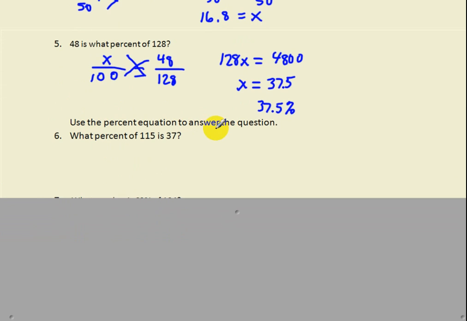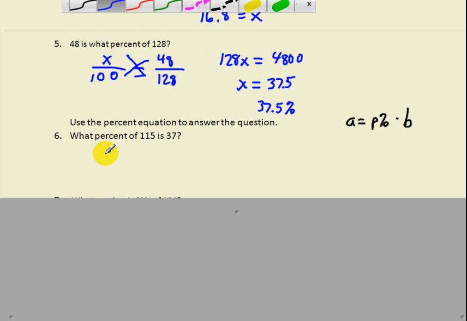Hey, number 6, and this will apply to 7 also. Use the percent equation to answer the question. And remember, the percent equation was written as A equals P percent times B. Okay, so we have what percent of 115 is 37.